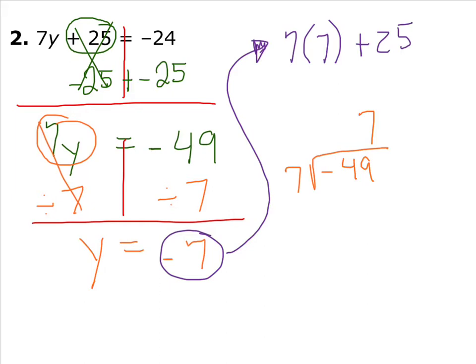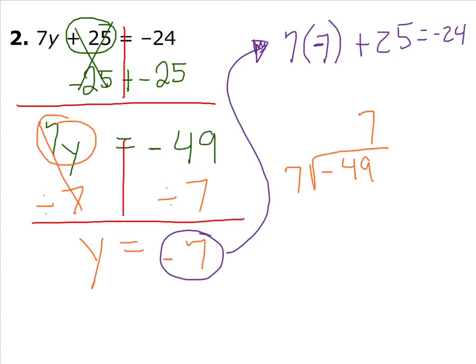Well, 7 times negative 7 is negative 49, plus 25 gives you, since my signs are different, I have to subtract, which gives you negative 24. So I know that that is the correct answer. Anytime you don't think you're right, well, check your answer, see if you are. That's the best way to know if you got it right or wrong.